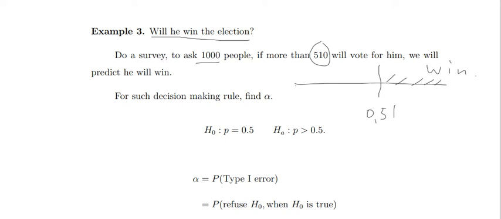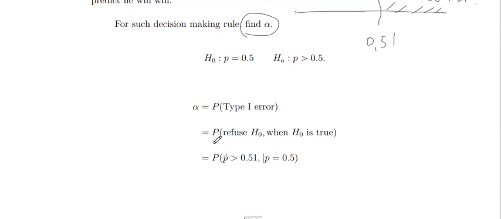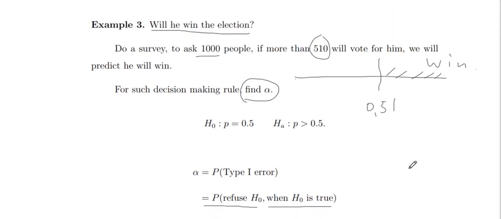So now, based on this cut point, we want to find alpha. Alpha is the probability that we reject H0 when H0 is true. Here we need to specify what is H0 and what is HA.